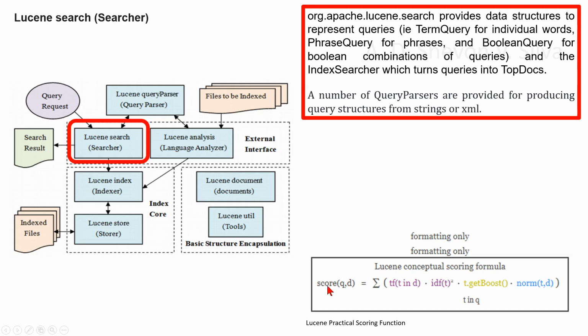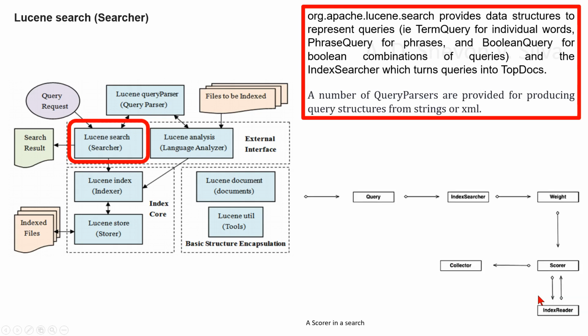So here you can see the Lucene conceptual scoring formula. Here you can see a scorer in a search. Scorer is the core of the search process in Lucene. Scorer is responsible for identifying matches and scoring hits from a set of documents present. Scorer is a special class.